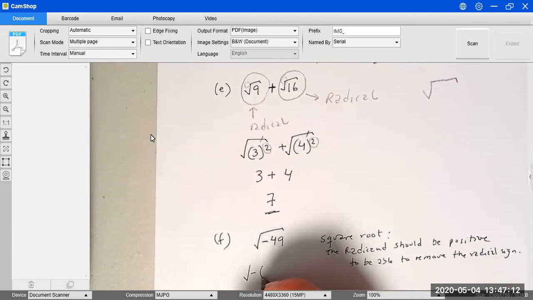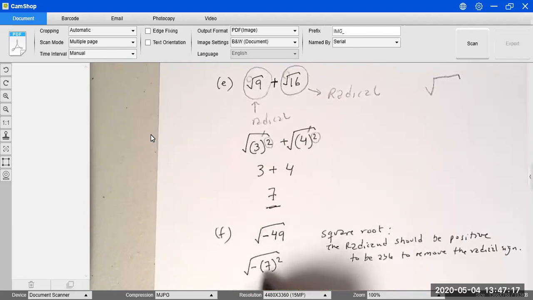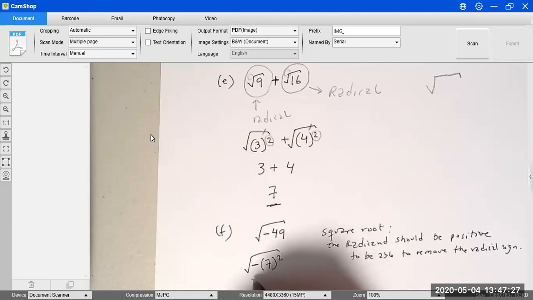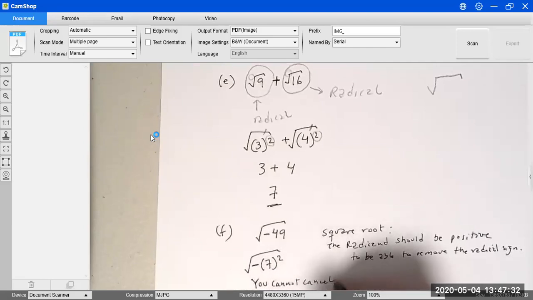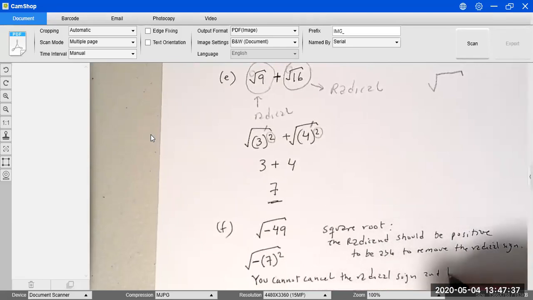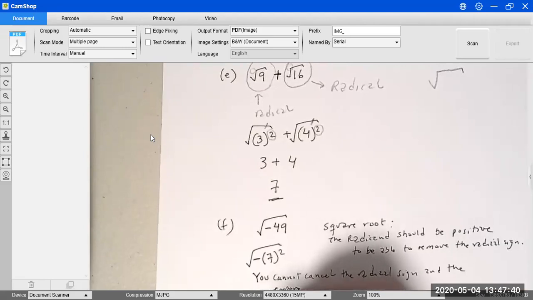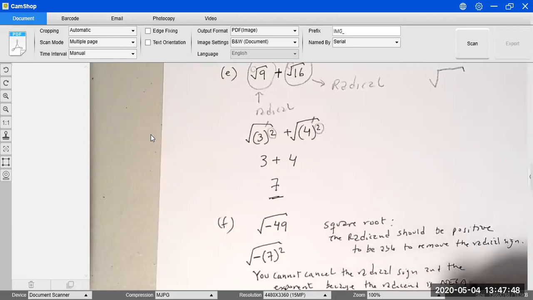But the radicand is negative, so we cannot remove this sign and this exponent because there is a negative sign inside. You cannot cancel the radical sign and the exponent because the radicand is negative.